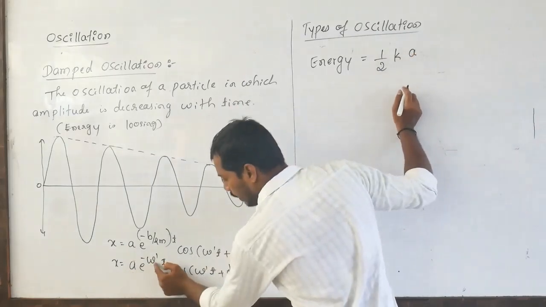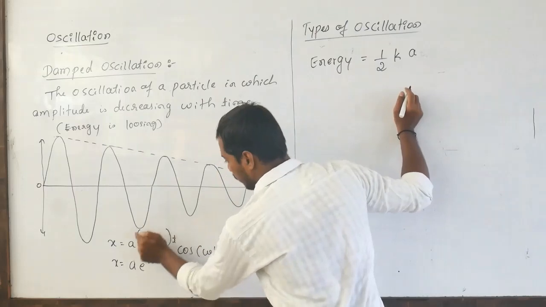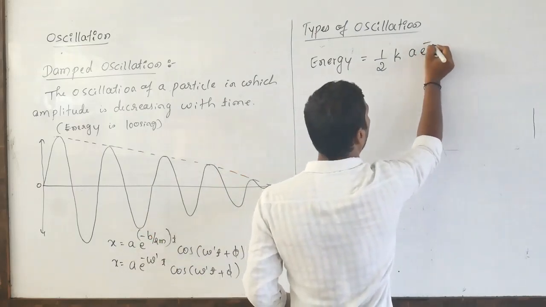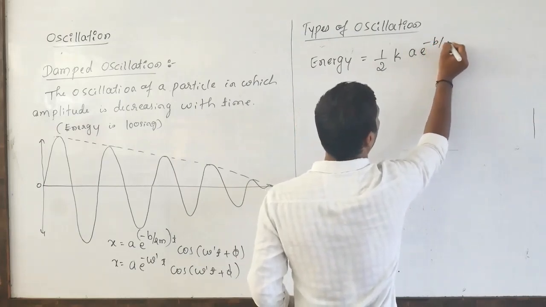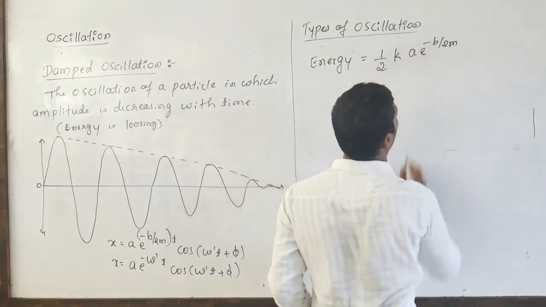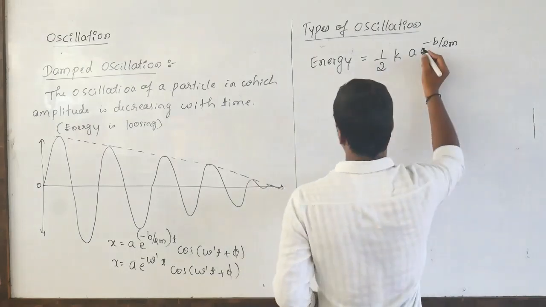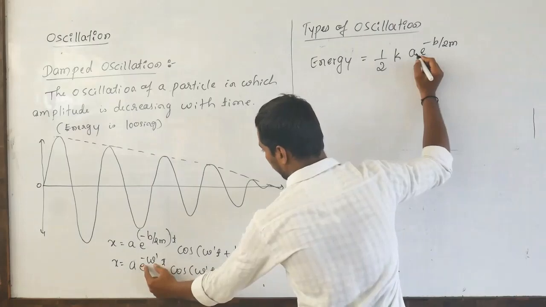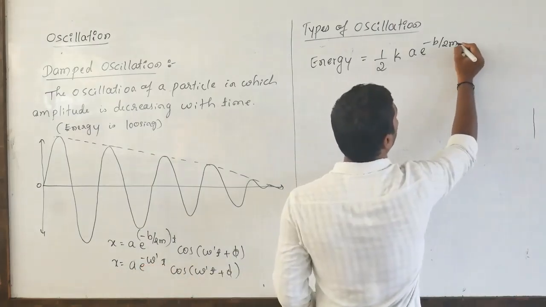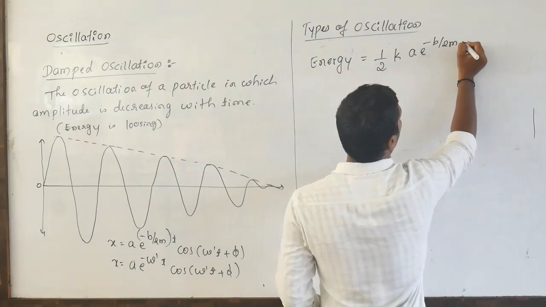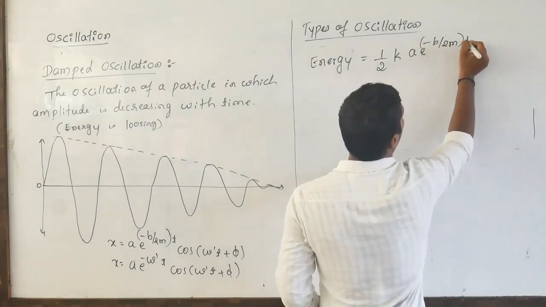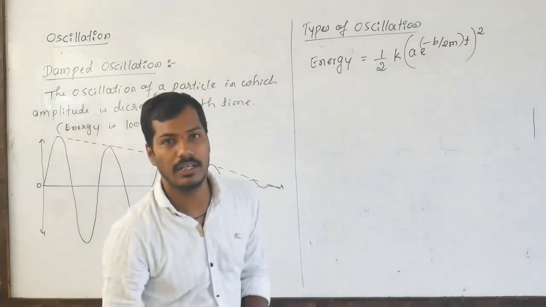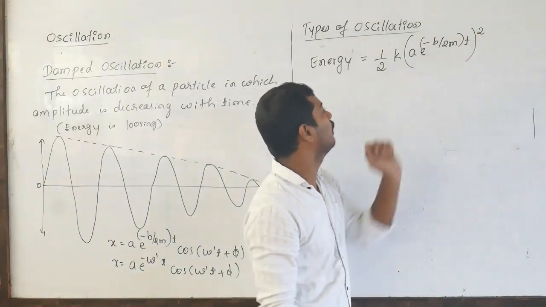A into e to the power minus b divided by 2m into t, the whole square, because it is k A square.